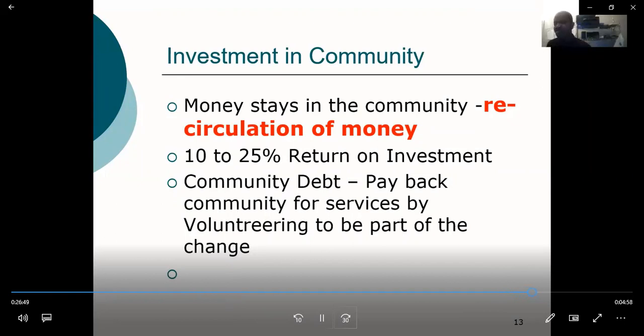Investment means that residents have to invest back in the community as well. So that means if you come to the CDC and you get help with a job, starting a business, or any of those many services that we're going to be having up and running within the next anywhere from 3 to 6 months, you have to pay back by doing volunteer work.